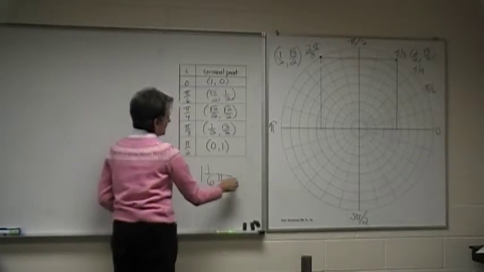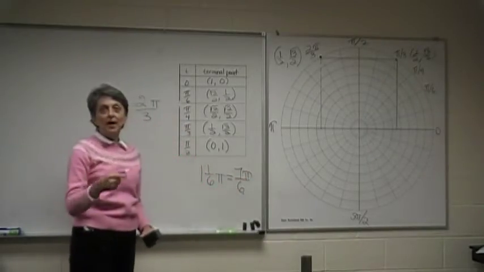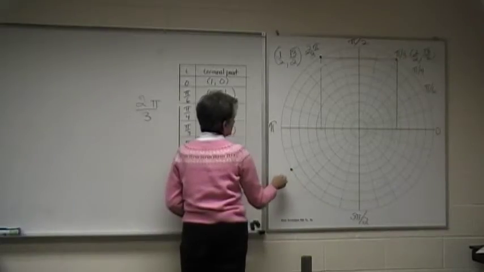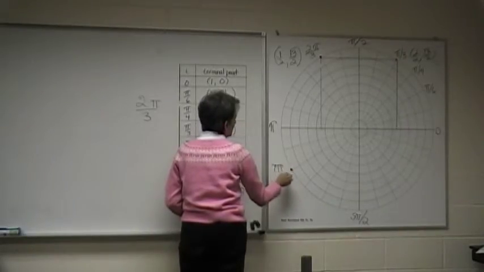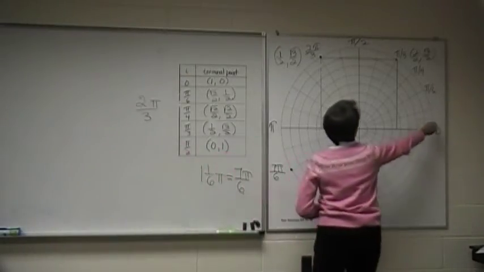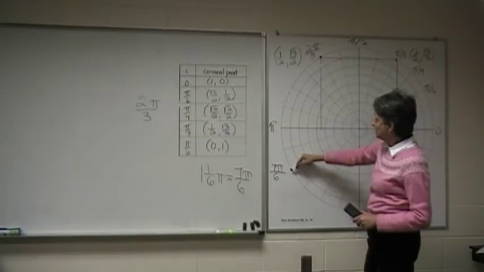Formally, it will be 7/6 pi or 7 pi over 6. So when I get to this, 7 pi over 6, that's how far I've traveled. I've gone 1 whole unit of pi and 1/6 more.